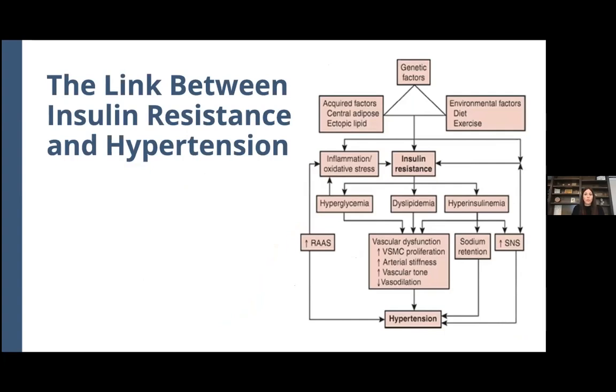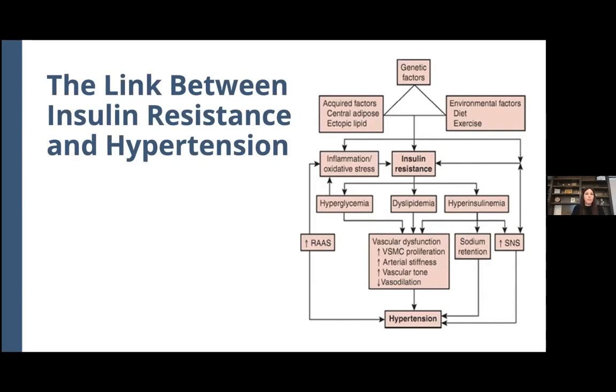So when we look at the whole picture together, we know that too much added sugar in the diet leads to changes in our cholesterol profile. It leads to increased inflammation. It leads to insulin resistance, which then causes us to be more hungry and to eat more sugar, which leads to more weight gain and more inflammation, more oxidative stress, and high blood pressure.